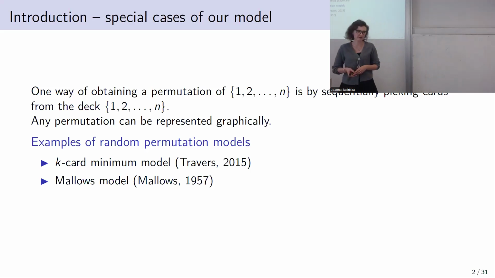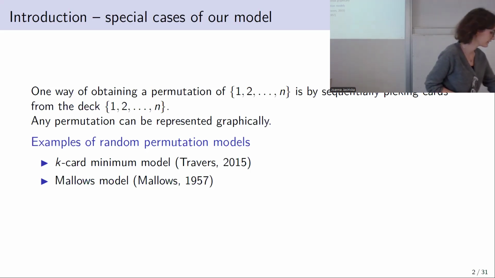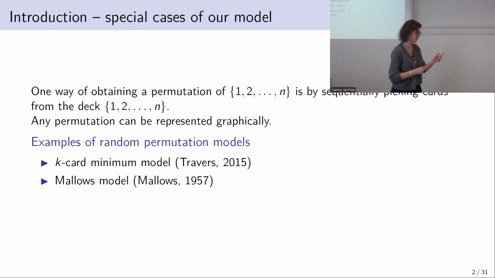And we can represent any permutation graphically. I guess maybe people are familiar with this, but just in case, I can draw a unit square. I can divide it into, let's say, 4 parts.